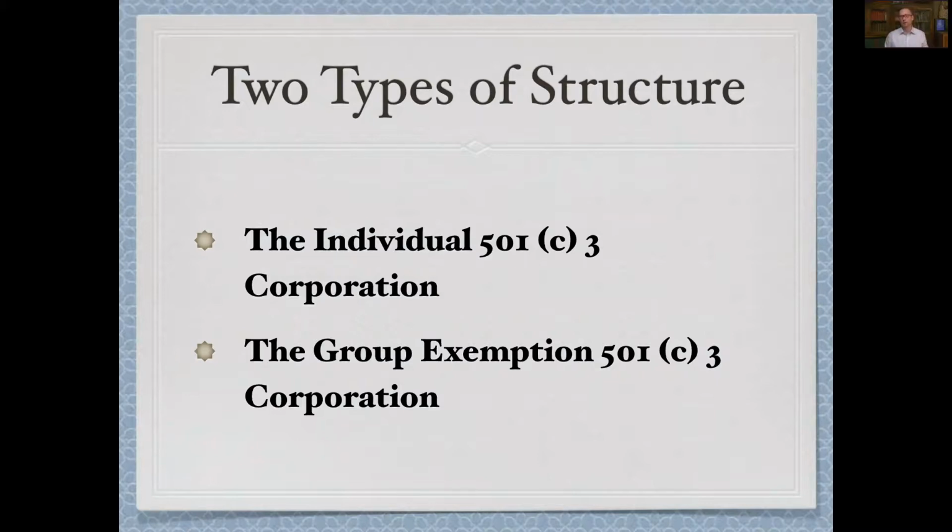And we're going to talk a little bit about what you can do with that, what the privileges are. But the other type of 501c3 is the group exemption. This is where many of the affiliates and network members within Ministry Launch fall. Now, we can help with one or the other. We do have a legal department.